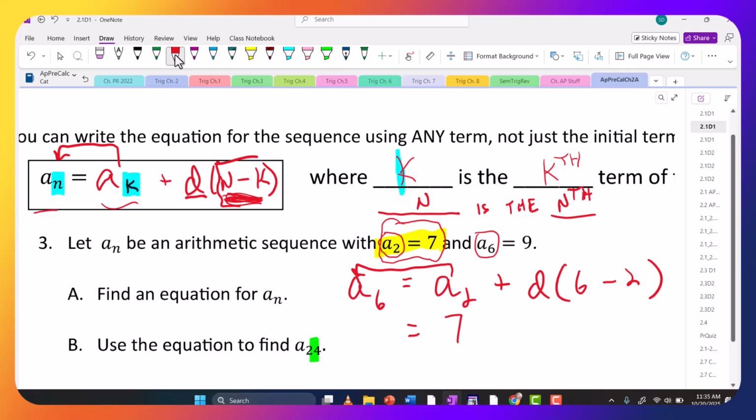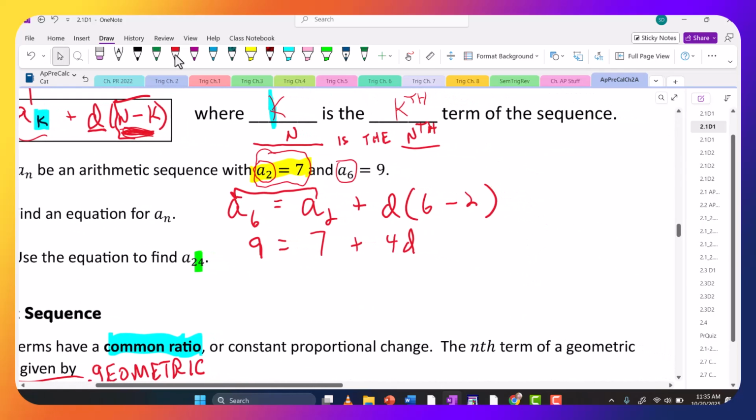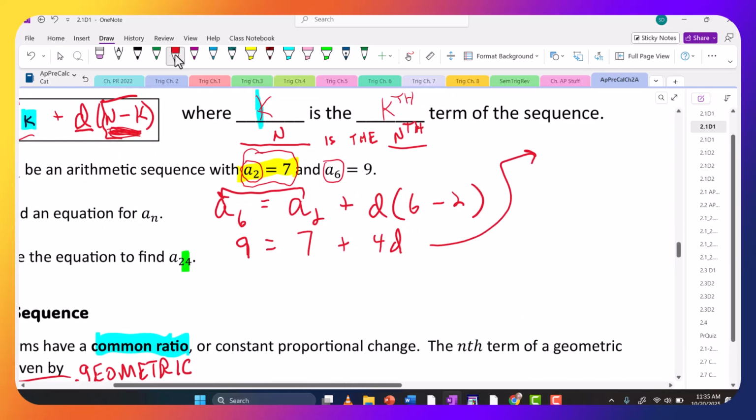Now I'm going to put a 7 in for a sub 2, a 9 in for a sub 6, and then I'm going to do 6 minus 2 is 4, and then continue to solve this. Subtract 7 and then divide by 4. I'm not doing your grade school solving. I guess I am doing your grade school solving. So that means the common difference is you're just adding a half. Okay, that makes sense. To get from a sub 2 to a sub 6, I'd have to add a half.